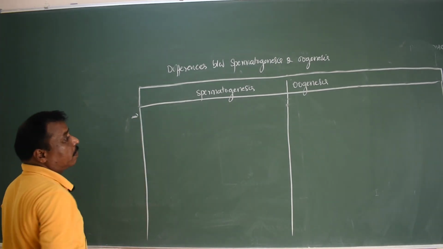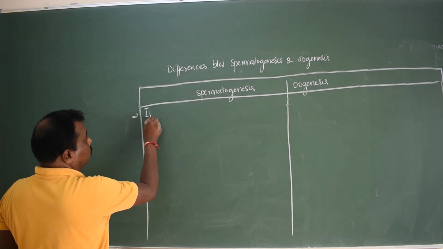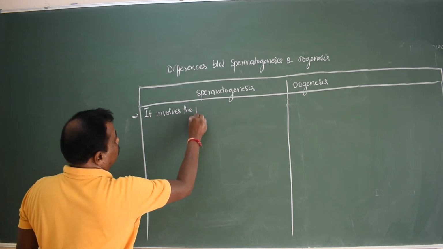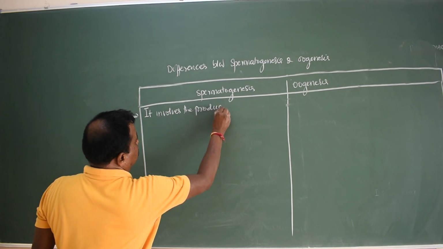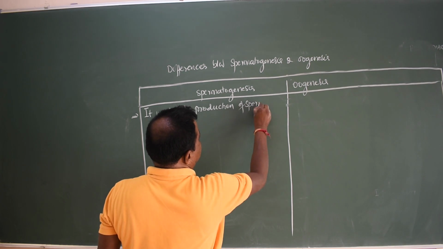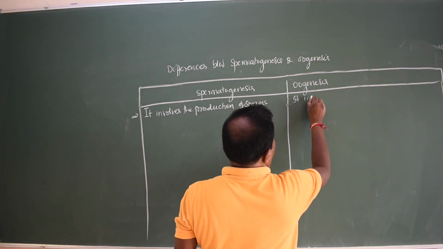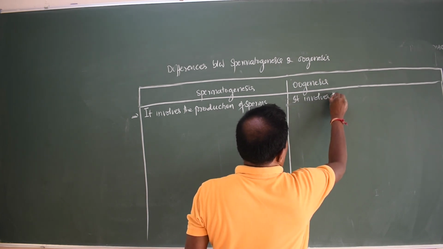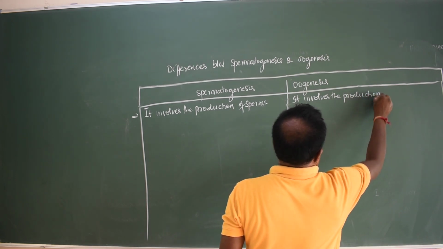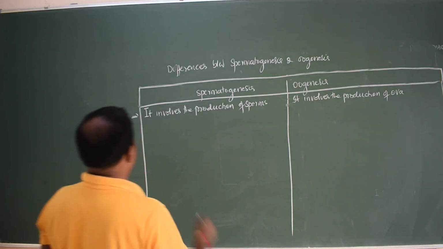First difference: spermatogenesis involves the production of sperms. Oogenesis involves the production of ova.